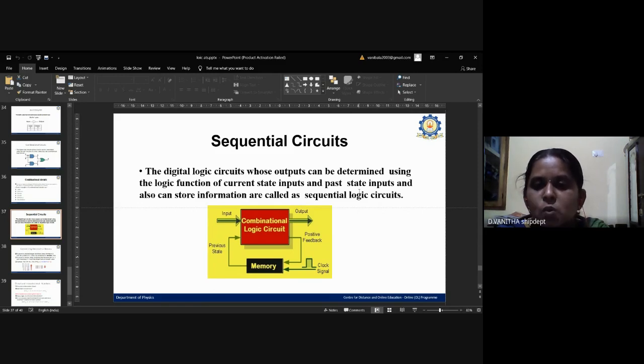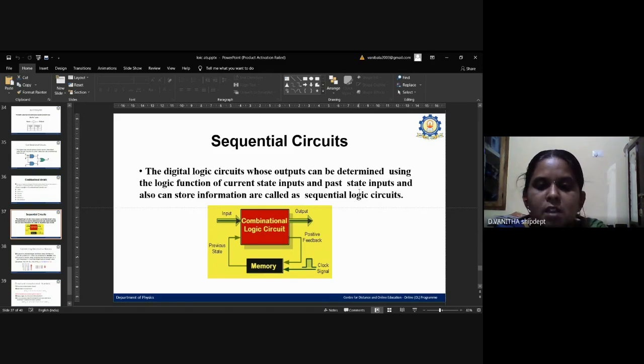But in sequential circuits, we can store memory. In sequential circuits, we take the combinational logic circuit as one part. The input and output are taken from the combinational logic circuit, and the input is stored as memory in the sequential circuit. So it has some memory. Here we are using positive feedback.